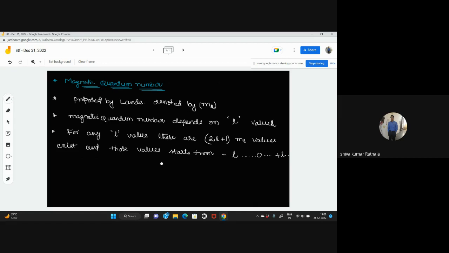This is what we can say about the magnetic quantum number, right? Next, what can we say? Sir, tell me, minus L to plus L, that means infinity only, no, sir? No, I will tell you what is minus L to plus L, from where to where. While giving examples, you will understand.